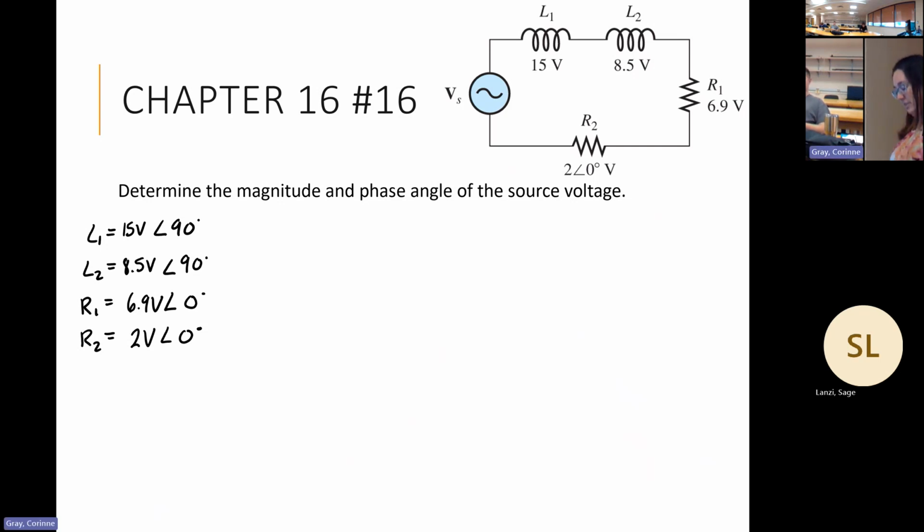Because at the end of the day, according to Kirchhoff's voltage law, Vs is going to be equal to VL1 plus VL2 plus VR1 plus VR2. So because we're going to be adding all these voltages together, the best way to do this is to convert them into rectangular form, which in this particular instance isn't bad.